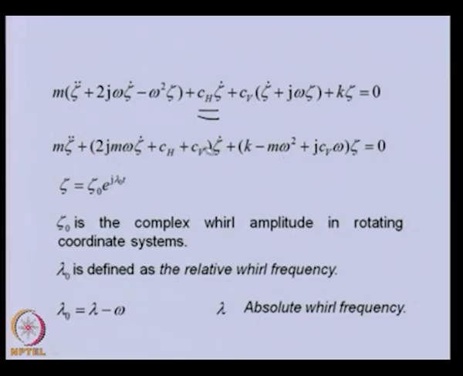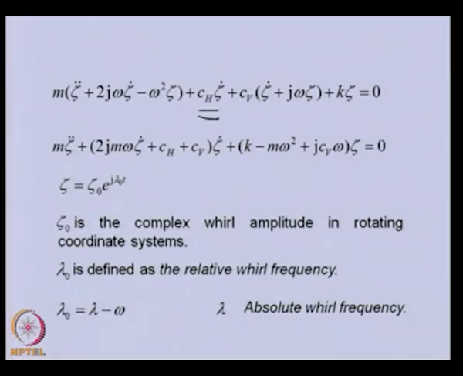So now we can assume the solution in this form, in which zeta naught is a complex whirl amplitude in the rotating coordinate system, e to the power j lambda naught t. Lambda naught is the relative whirl frequency or eigenvalue of the system. This is relative because we are assuming the solution in the rotating coordinate system.